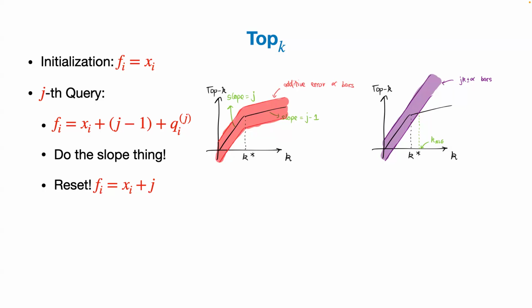Assume that somehow we've made it possible that at the time we want to answer the J's query, the frequency of the i-th element for every i is the value of its private bit xi plus j minus 1 plus the private bit qij.